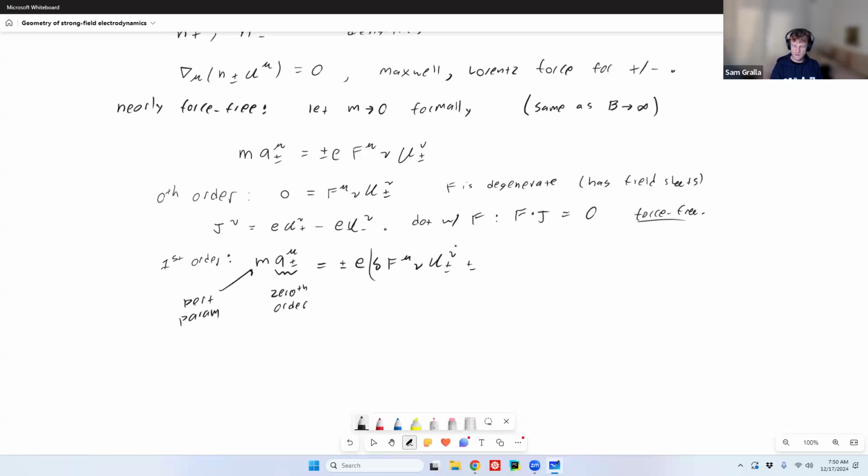Let's do it this way, plus f mu nu u delta u plus minus nu. And what we're going to do is we're going to project this equation onto the field sheet.